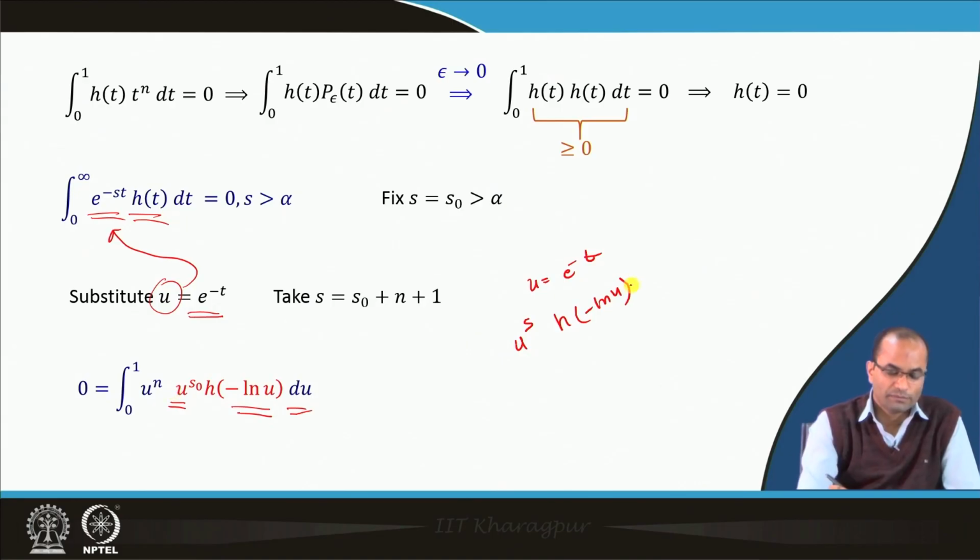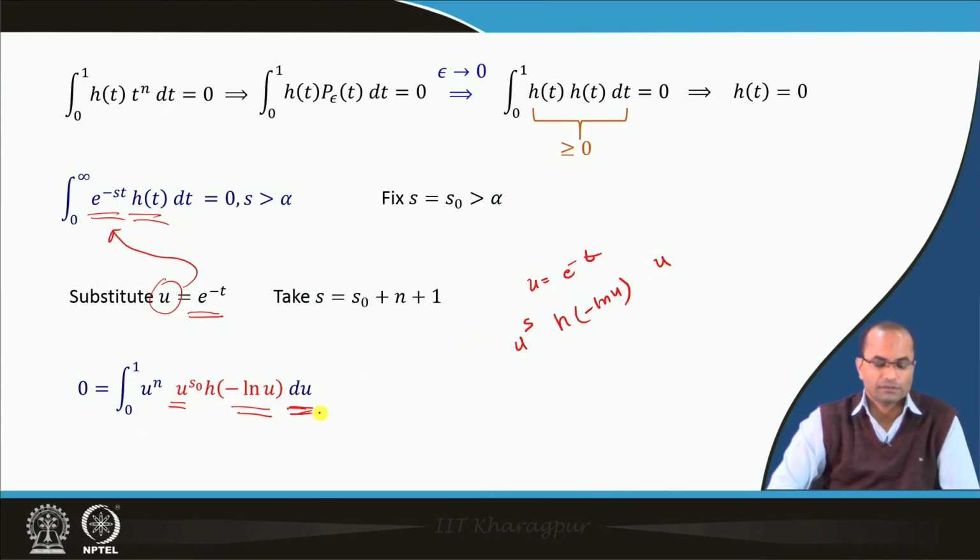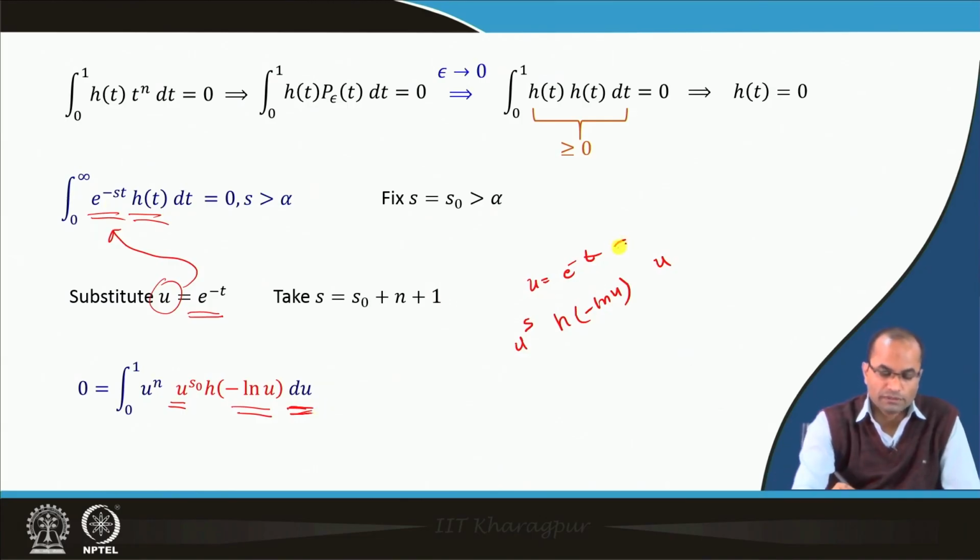So, one u will be there which is coming from this du, because du will be e power minus t dt, and then this implies that du is equal to minus u dt.